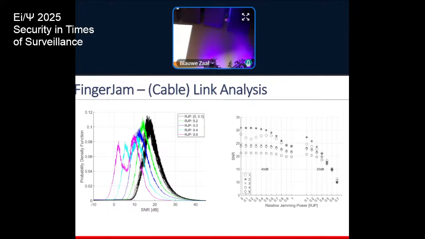That means that the signal-to-noise ratio is decreasing. The challenge here is not to decrease the signal-to-noise ratio up to the point that it decreases the quality of the communication link. So the lines that you see on the right part of the figure, the violet one, the cyan one, the blue, they are affecting the quality of the communication, something that you don't want.